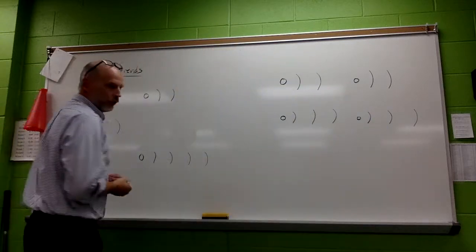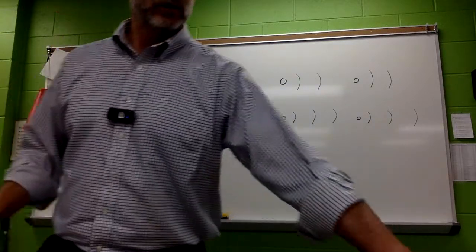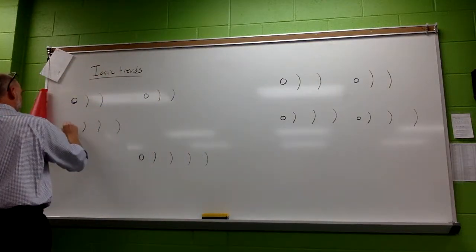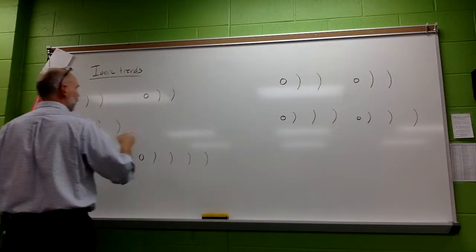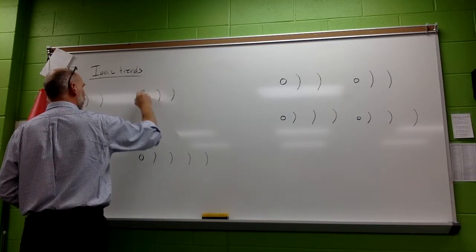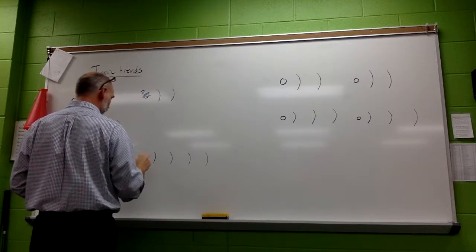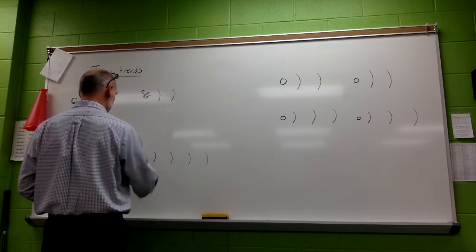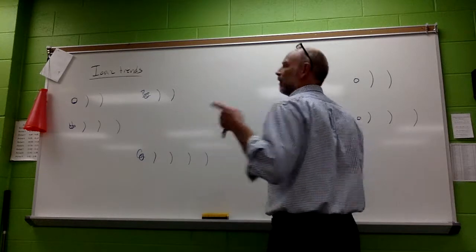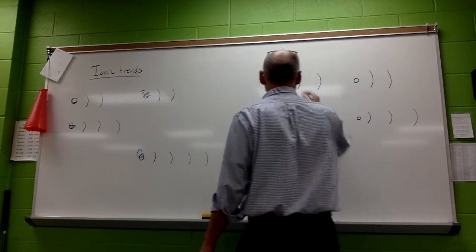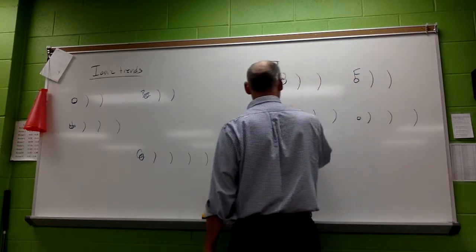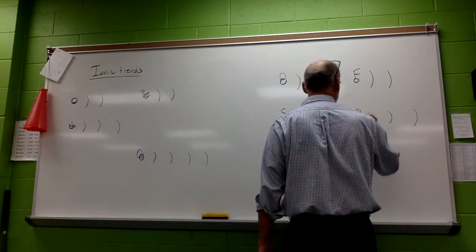Let's call this, just for fun, lithium. This one's sodium. We'll call this one beryllium, and this one calcium. And then over here, we'll go to oxygen, which makes this fluorine, and over here sulfur, and that makes that chlorine.